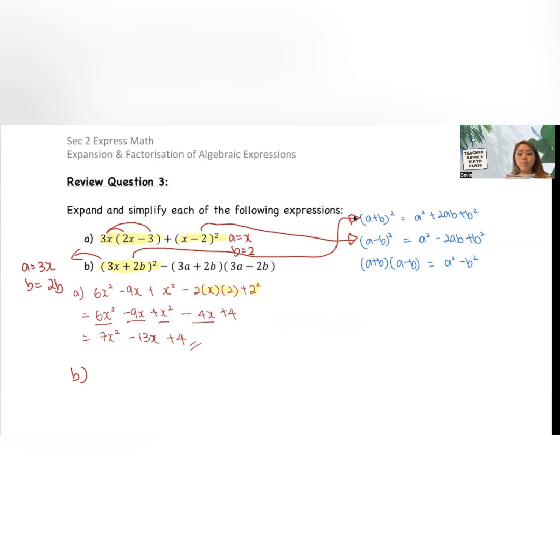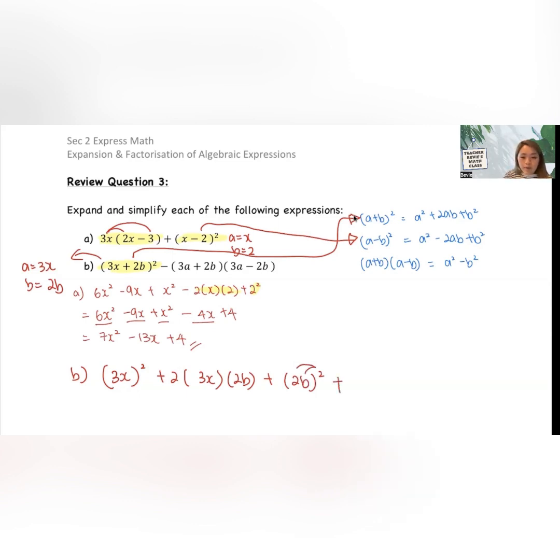Now I'm just going to plug it inside my formula. Keep in mind, when I square my a, it's squared to the entire a, which is 3 and x. It's not just squared to the x itself. Then plus 2ab, same thing, plus b squared. It is squared to the entire term of b, which is 2b. So this square belongs to 2 and belongs to b.